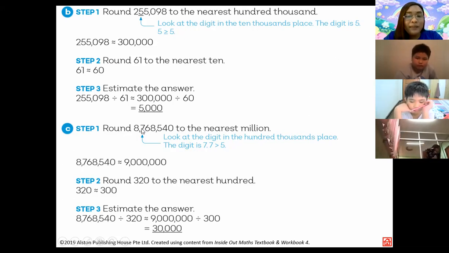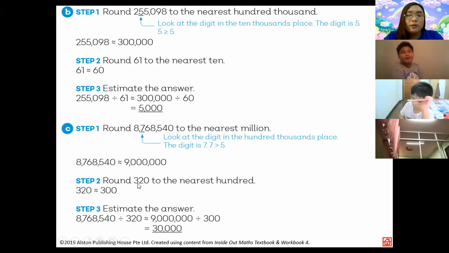It's 7, and 7 is greater than 5. So 8,768,540 will become 9 million. And then step number 2, round off the divisor, 320. If we round this number to the nearest hundreds, that's going to be 300.